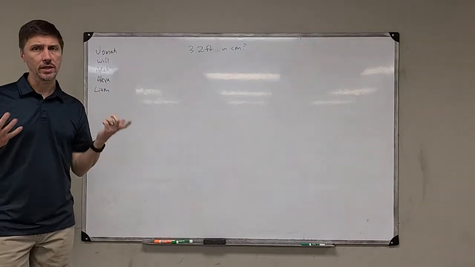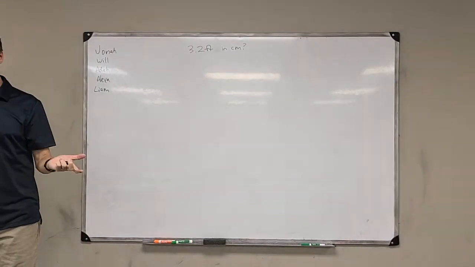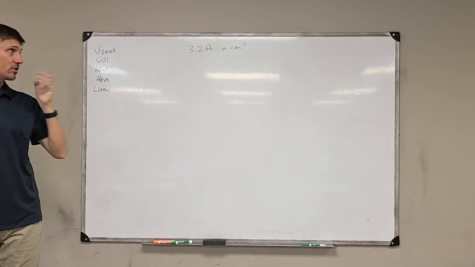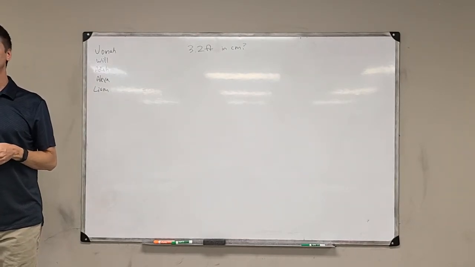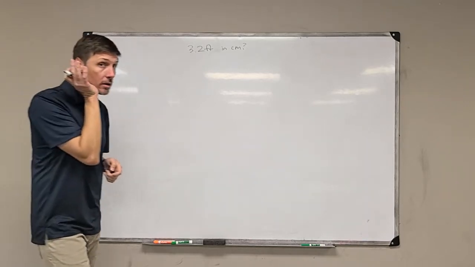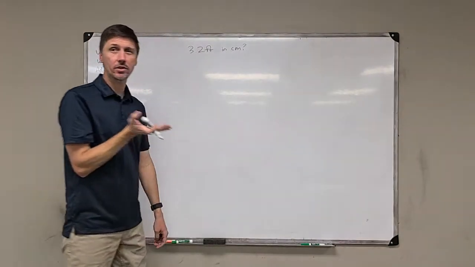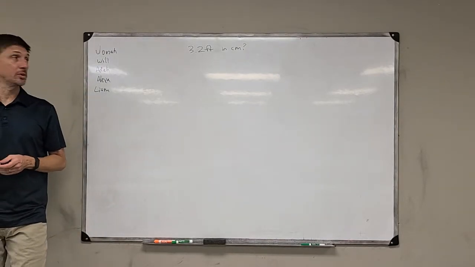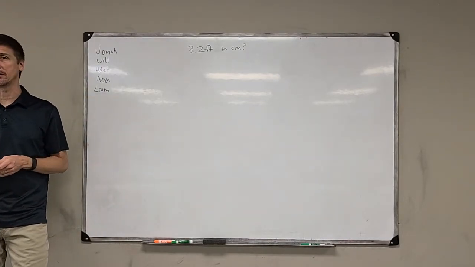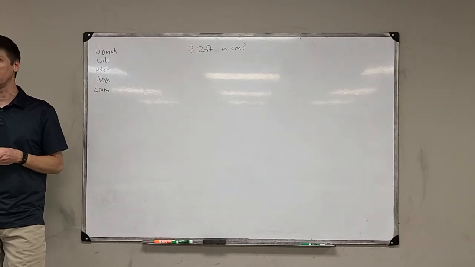Unit multipliers are values that are equal to one another with differing units. For this problem, what are the unit multipliers that we're going to use? Feet, inches, centimeters. So some of you just totally ignored the inches part. You tried to go straight from feet to centimeters, and we don't have that conversion relationship.